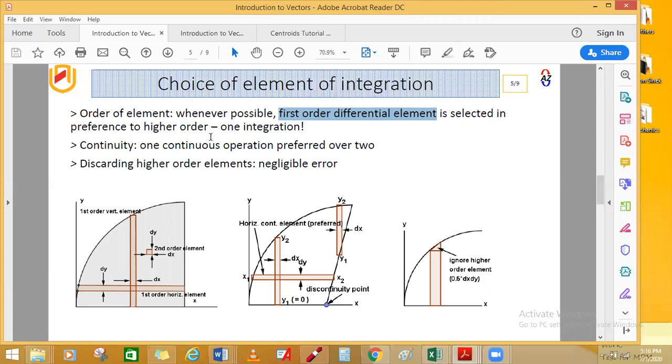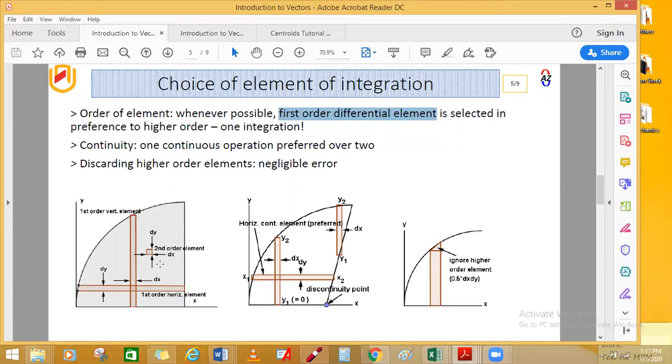That's in preference to other higher orders, like this one here. This is a second order element. It's second order because if this looks like a square, then length times breadth will become dx times dy. It will become dx dy. So you're going to have to integrate twice, which makes things more complicated.